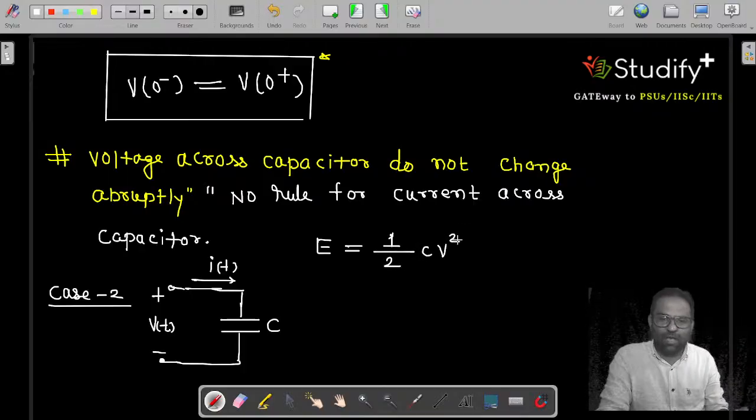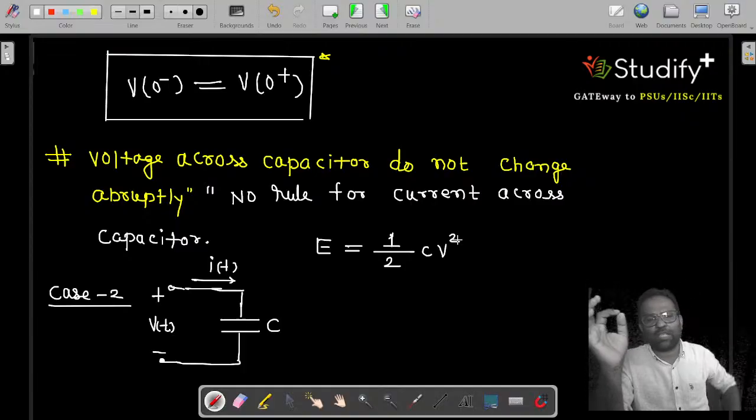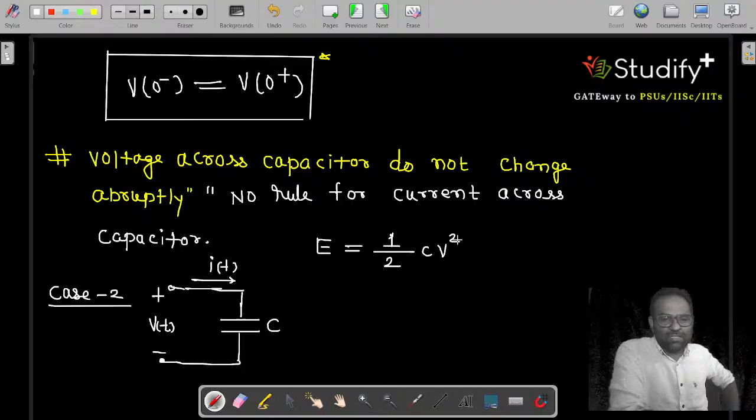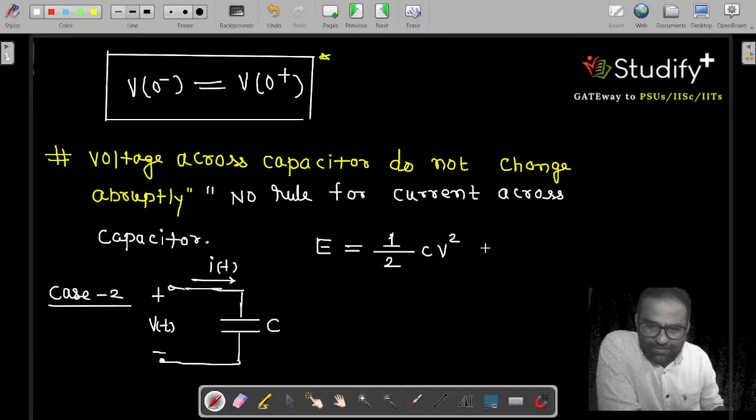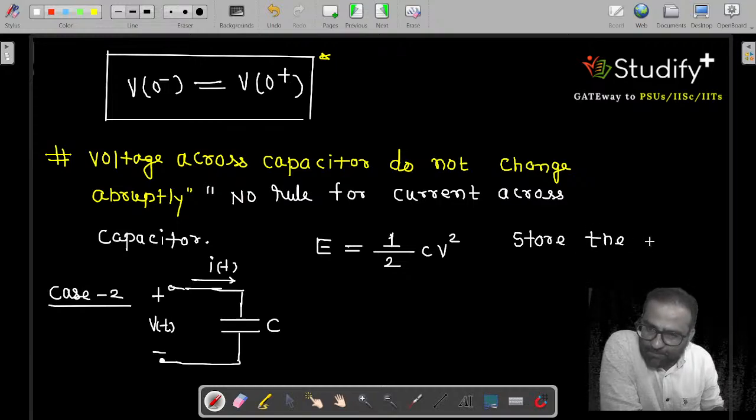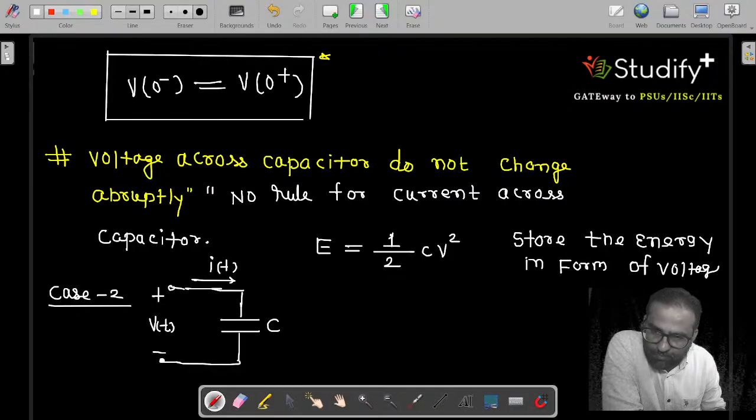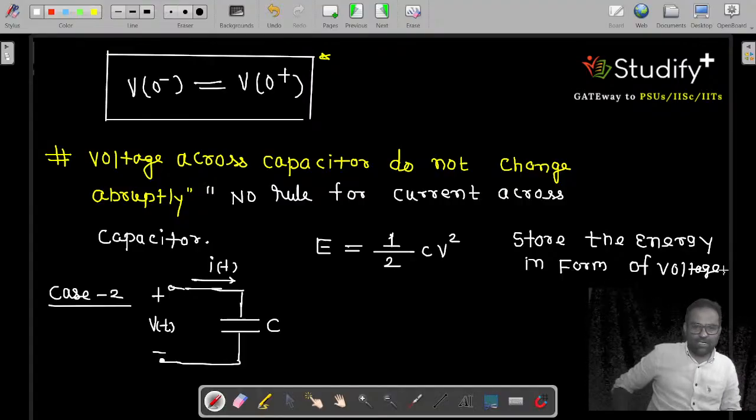This means the capacitor stores the energy in the form of voltage, or it accumulates the charge. And who will bring the charge? The current will bring the charge. So it stores the energy in the form of voltage.